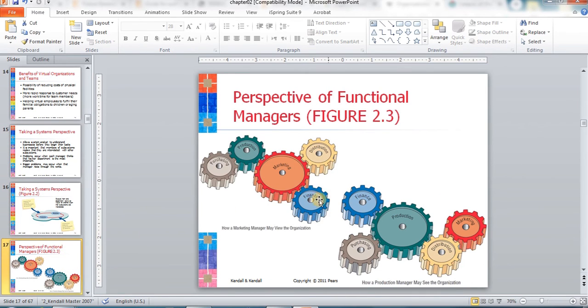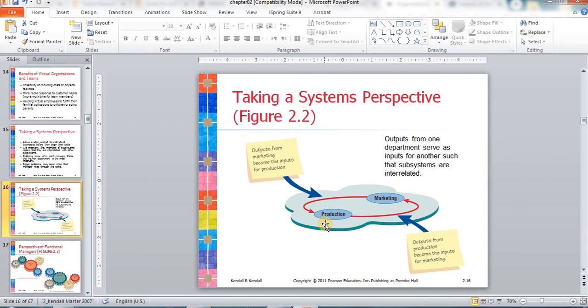So we can see here, for example, that if we have an organization which contains within it 5 departments: marketing, production, distribution, finance, and purchasing. If you look at two of these departments, the production and the marketing departments, in the actual case, you will find that these two departments depend on each other.